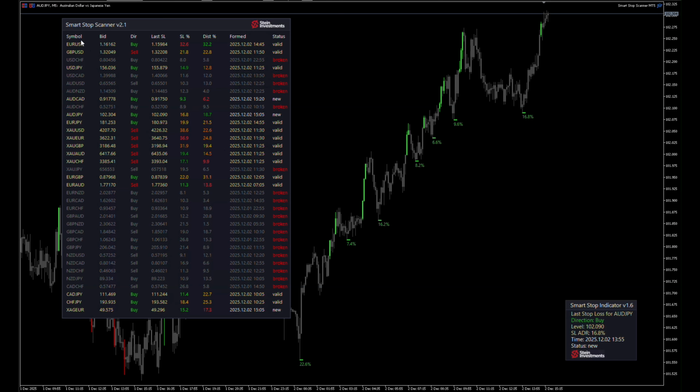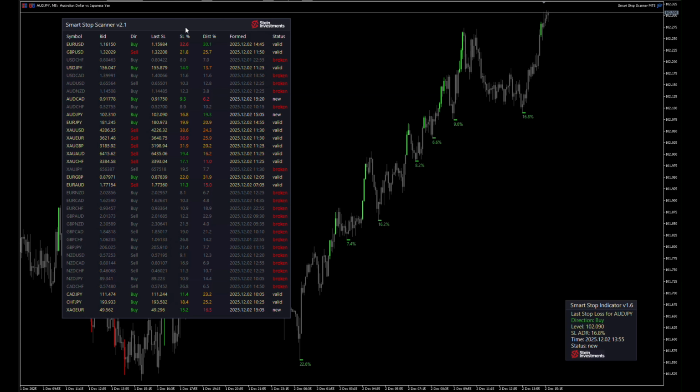You instantly get the symbol, the current bid, direction of the last structural stop, the exact stop loss price, SL %ADR with adaptive color scale, distant %ADR with risk classification, the time when the stop was formed, and the status, valid, new or broken. This is essentially your complete stop loss overview for the entire market.